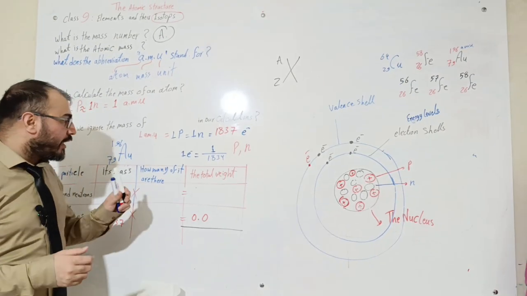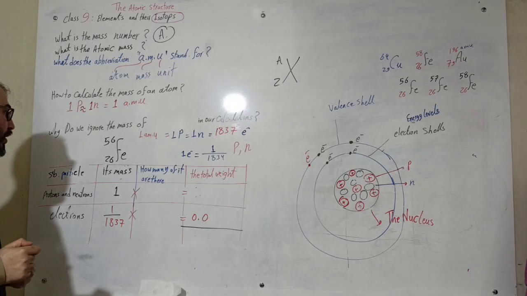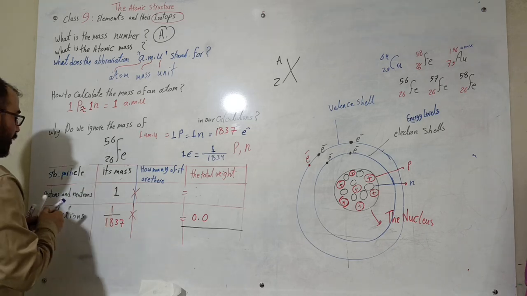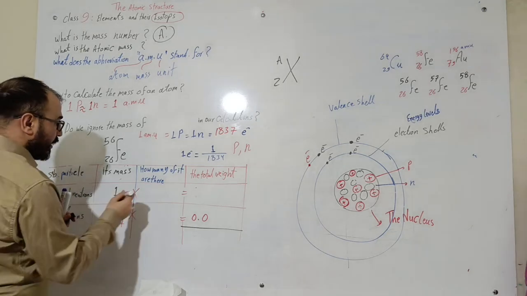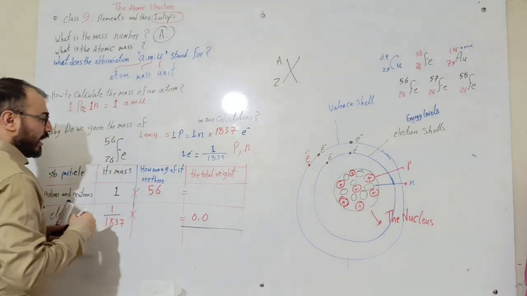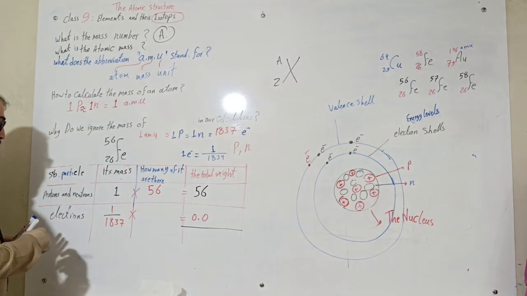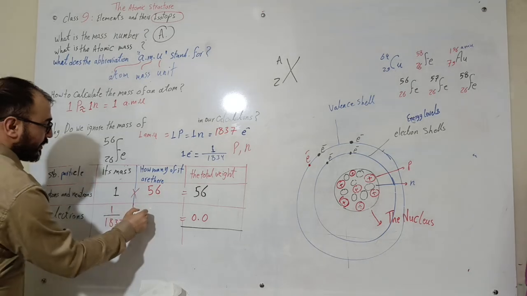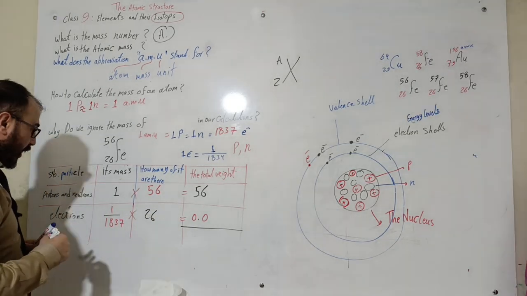Now, my friends, let's take another example to make our point clearer. So let's calculate the mass of this atom. And as you know, in here we have protons and neutrons. The mass is 1. How many protons and neutrons do I have? Yes, I have 56. And it's going to be here 56. What about this one? How many electrons do we have? We have 26 electrons. Multiply 1 over 1837.